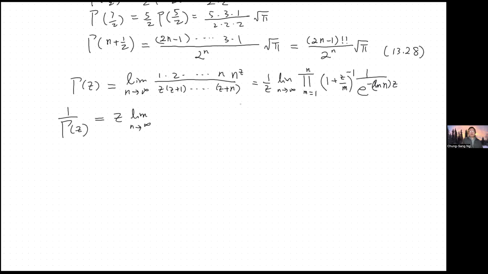Now that is in the numerator again, so e to the minus log n times z, and now the product from 1 to n of 1 plus z over m.